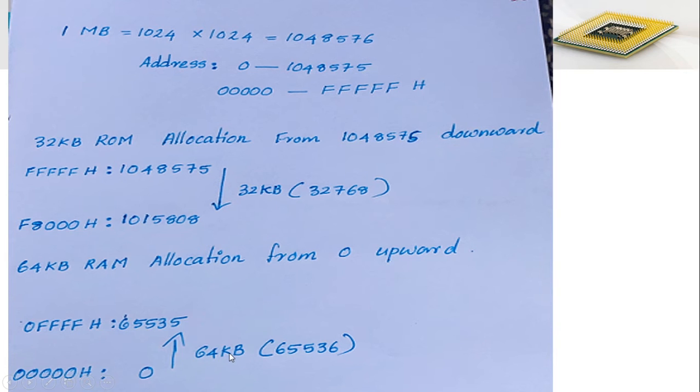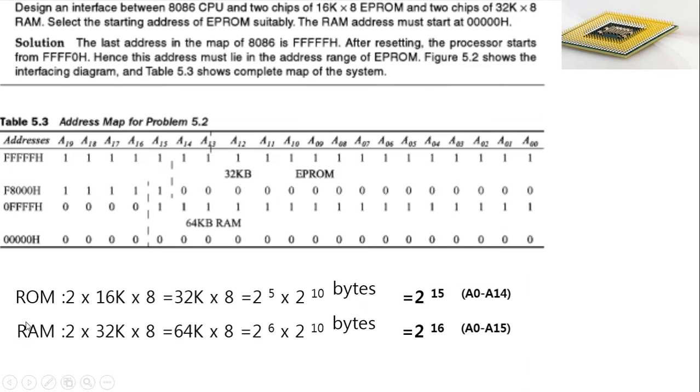K means 1024 bytes, so 64 into 1024 equals 65536 bytes available in our RAM space, with the address values ranging from 0 to 65535. The corresponding hexadecimal representation is given here.